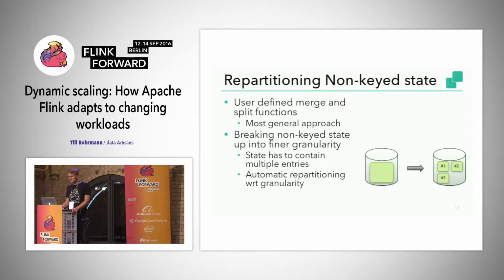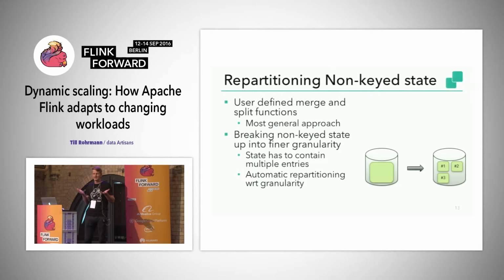So the approach we've chosen for Flink in the initial implementation of dynamic scaling is that we break the non-keyed state up into smaller units, which are visible to the system, so that it can repartition the non-keyed state with respect to the units. Of course, the requirement is that the non-keyed state contains multiple entries which you can split up.